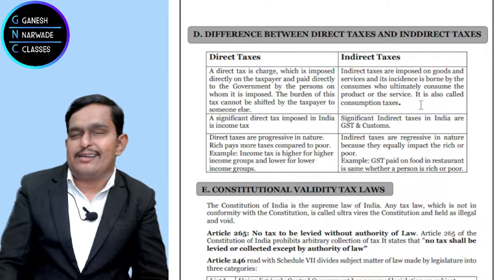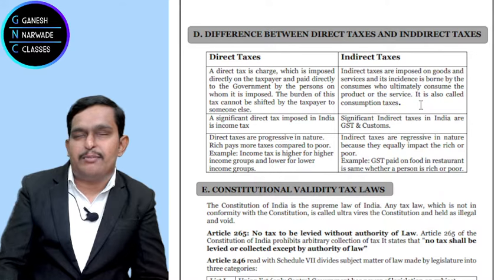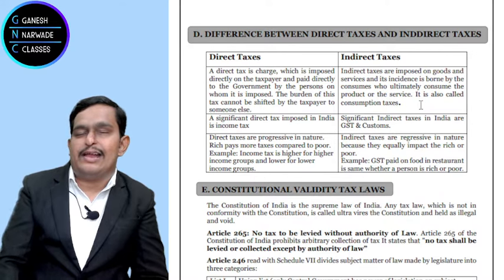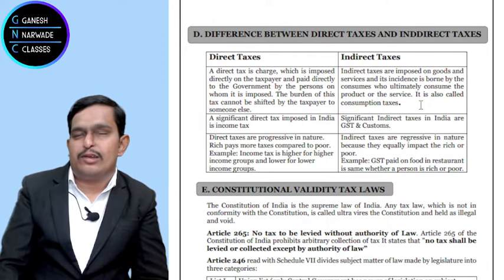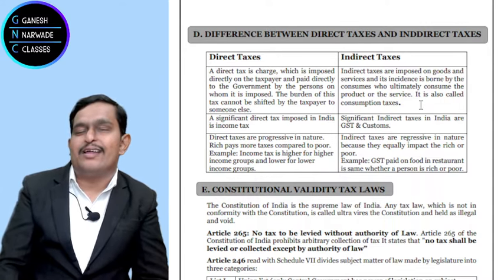Whereas indirect tax is regressive in nature. Regressive means the poor will feel more burden ultimately because he has to pay additional price. Okay, very good. Now direct tax example, income tax only today, and indirect tax, GST is there, good and simple tax, goods and services tax.